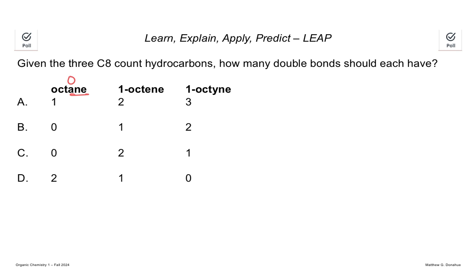The alkene has a carbon-carbon double bond, so that's 1 degree of unsaturation. The octyne has a triple bond. So a triple bond is 2 pi bonds, so that's 2 degrees of unsaturation. So our answer here would be B, 0, 1, and 2.